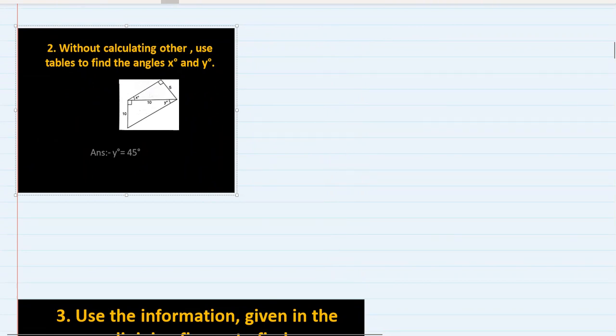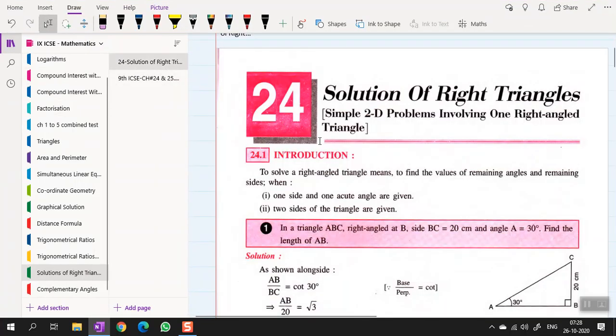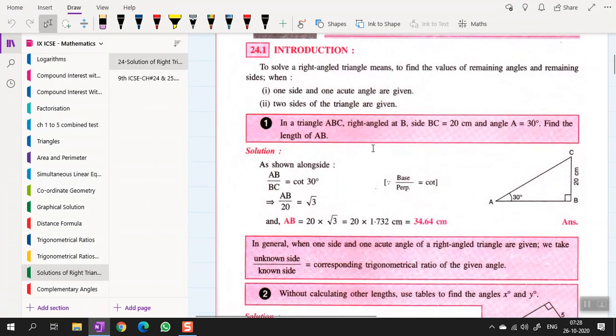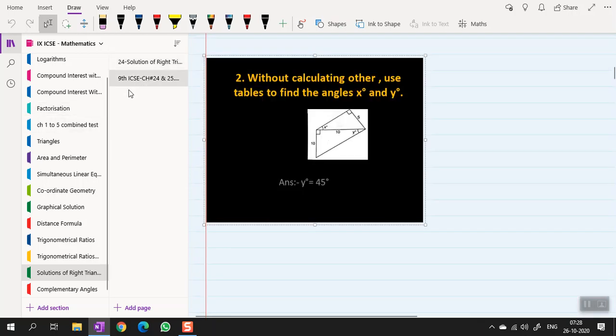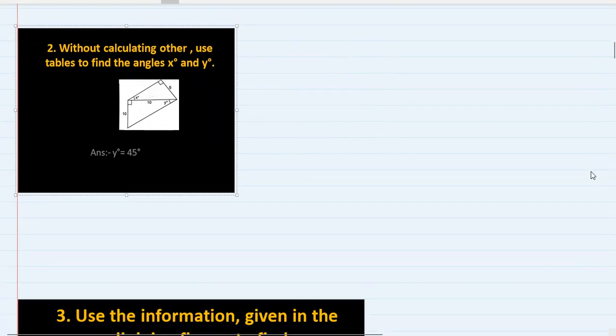Let me check the question once. Without calculating other lengths, use tables to find the angles x and y. So you have to use the trigonometric table of standard angles to find x and y.